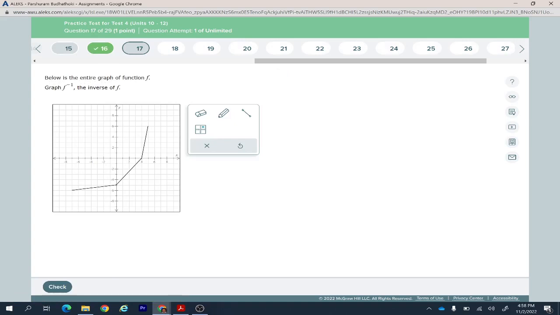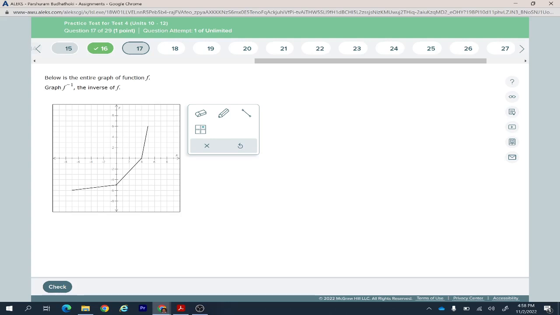To plot the graph of the inverse function by using the function itself, just switch the x and y coordinates. For example, here, this is just three different straight lines, right? The line joining these two points, the line joining these two points, and the line joining these two points. So four different points are very crucial here.